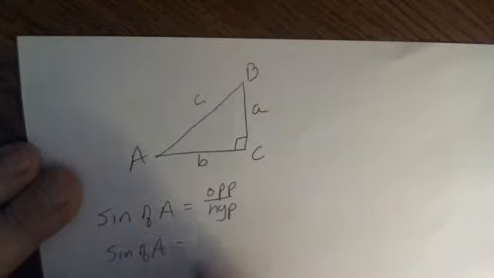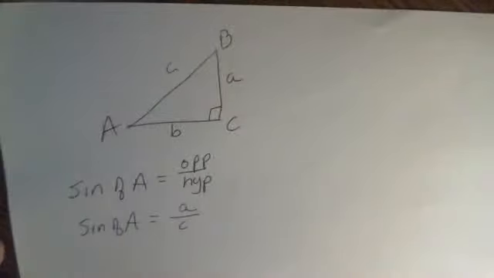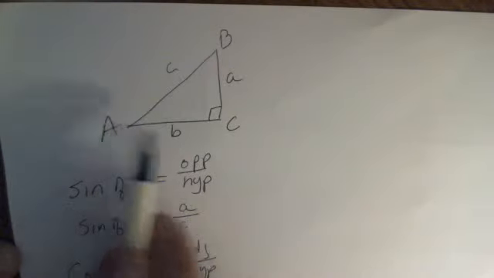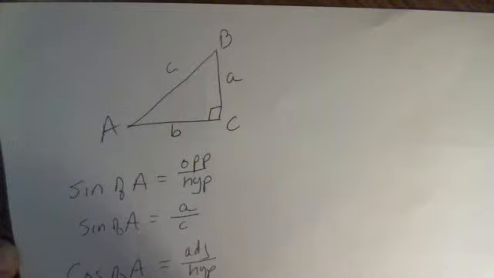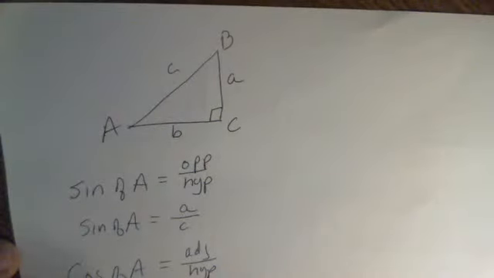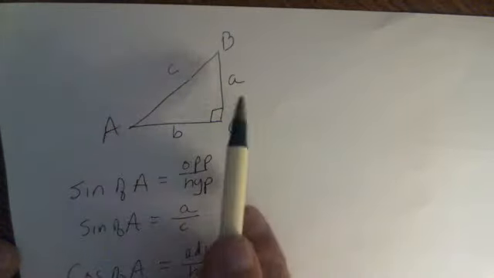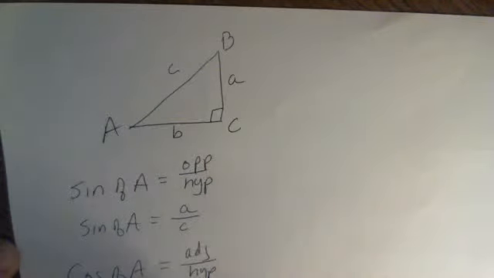Since I'm referencing angle A, my opposite side is A, my hypotenuse is C. Cosine of angle A equals adjacent over hypotenuse, so the cosine of A is B over C. The tangent of angle A, so again everything starts with the angle I'm referencing, is opposite over adjacent.